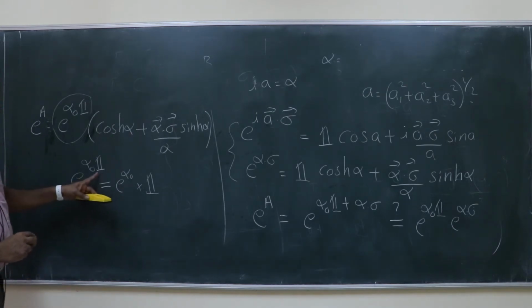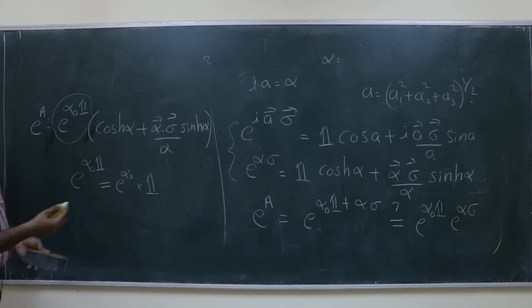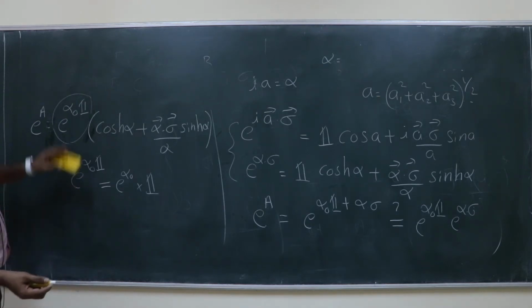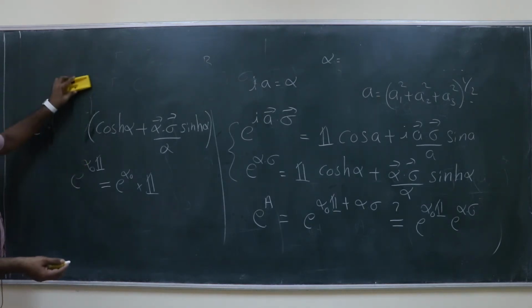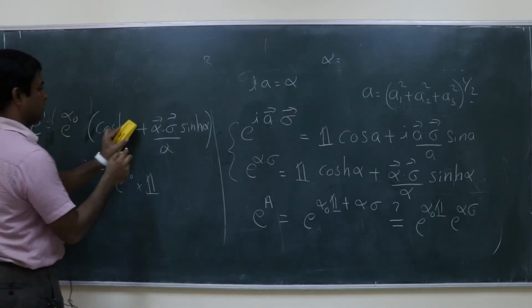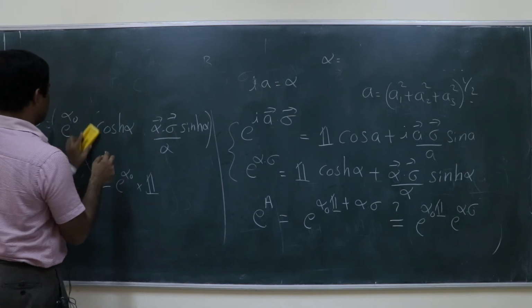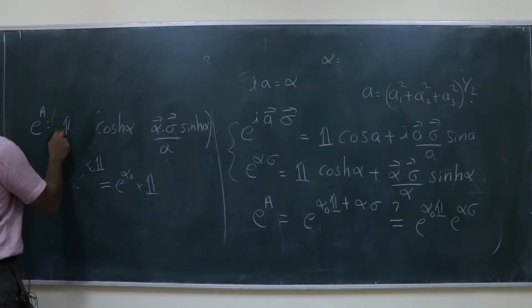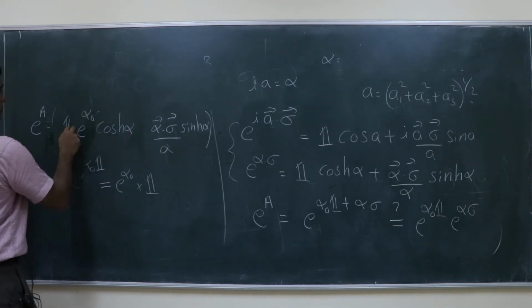Because in the expansion, I square, I cube, whatever is coming, everything will be I. I can take that identity matrix outside. The remaining thing I can write as e power alpha 0. So finally I can write down this as e power alpha 0, I just put I here.